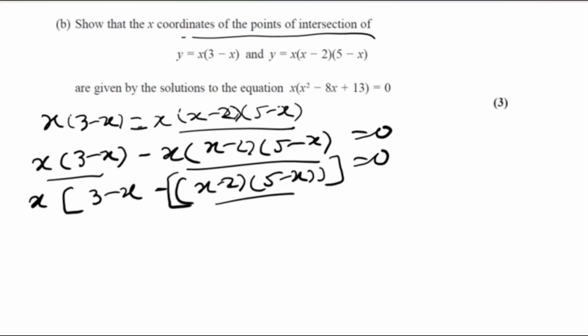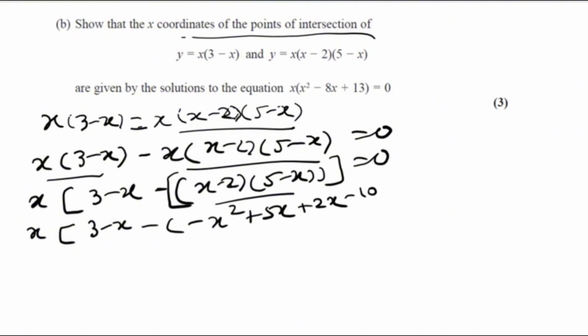First I have to expand these two brackets. So 3 minus x minus, when you multiply, gives us minus x squared plus 5x plus 2x, minus minus is plus 2x, and minus 10, is equal to 0.